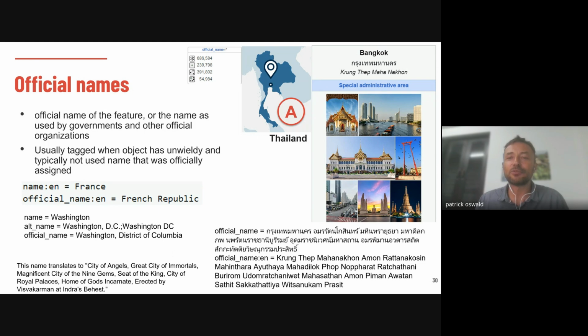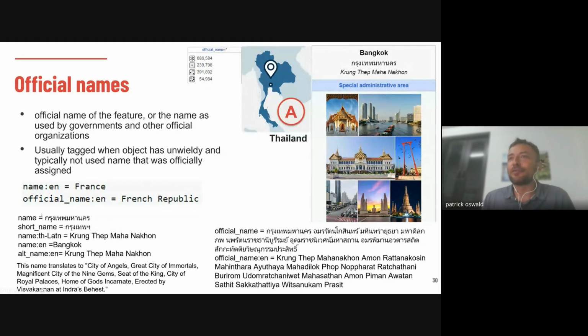I think it's a bit too long for OpenStreetMap. If you want to follow the official guideline of OpenStreetMap not to abbreviate, it's not a good place to put this into name. So for Thailand, for Bangkok, the better way is to put in name Krungthep Mahanakhon.